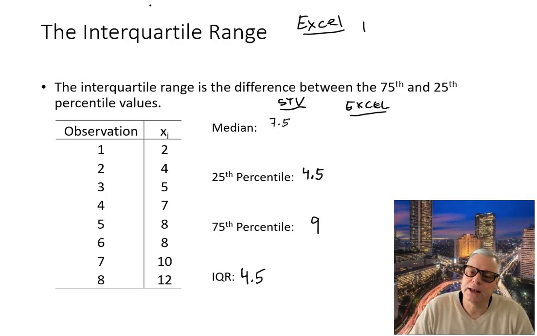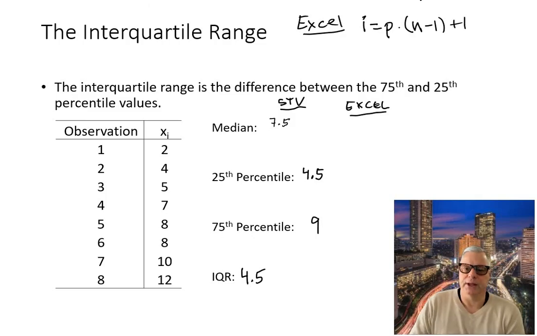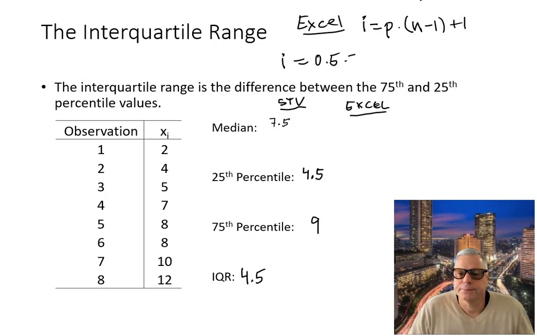The index number determined by Excel follows the formula percentile times n minus 1 plus 1. So the index number for the median would be 0.5 times 7 plus 1, which is 3.5.